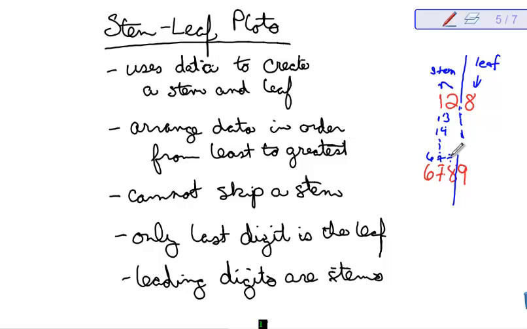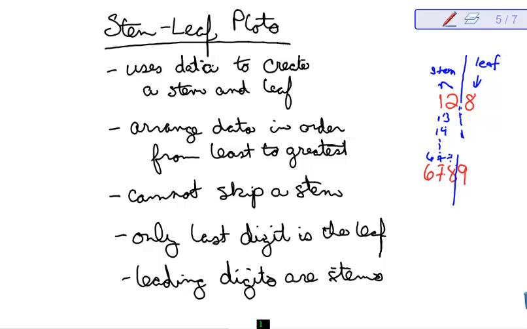I could not skip anything. So with stem leaf plots, we wouldn't want something that has a huge range like this. We could, but most of the time it's for smaller ranges and items like that.